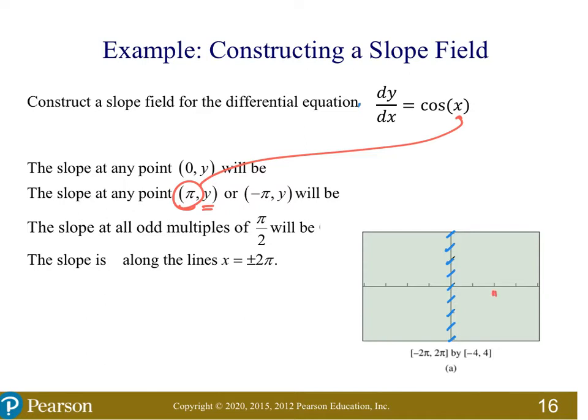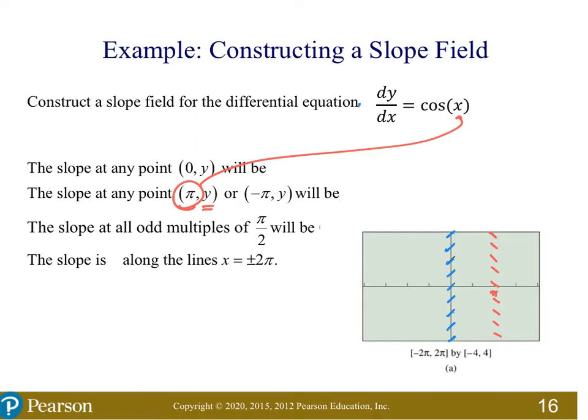So if this is pi on my x-axis, then along these values, I'm going to do my best to draw little pieces of linearizations that all have a slope of -1 along that vertical column.